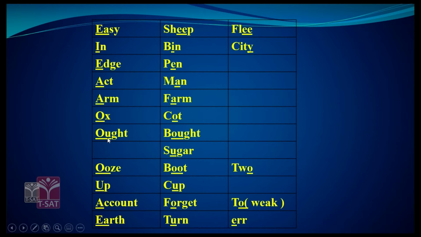O as in ought, bought. U as in sugar. Oo as in ooze, boot, two. U as in up, cup. Schwa as in account, forget, and to as in weak form, and er as in earth, turn.